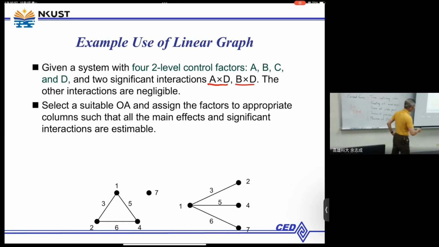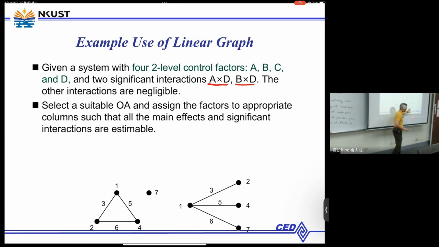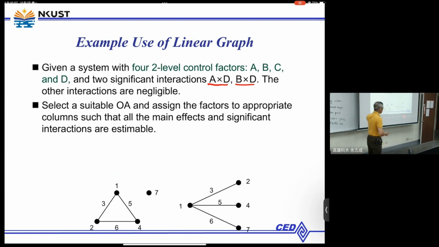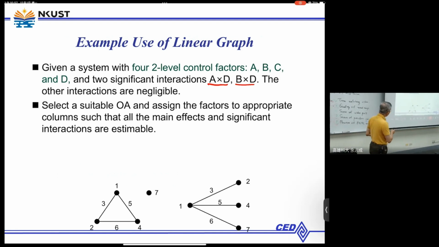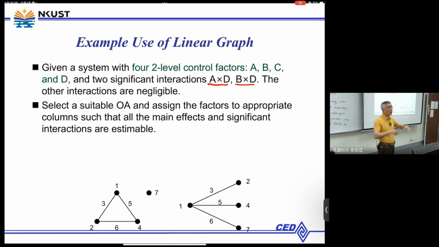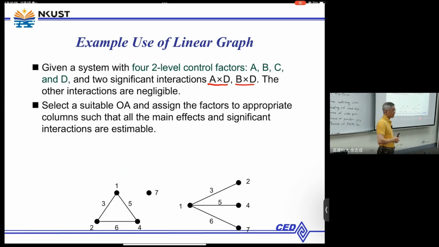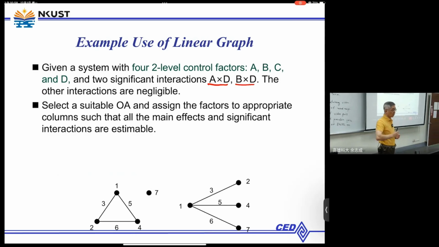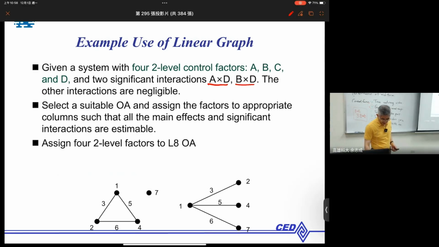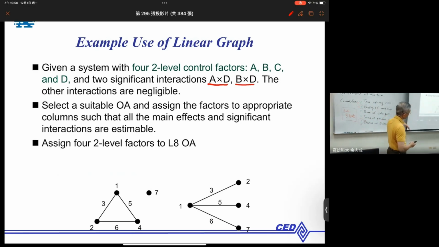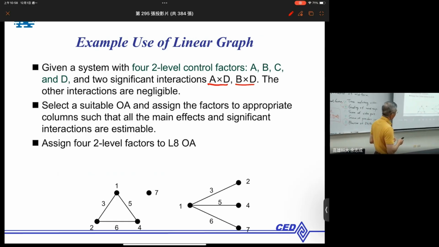First, you need to select a suitable orthogonal array. As I mentioned, orthogonal arrays can be 2 level, 3 level, or mixed level. This is 2 level, so we need to select a 2 level orthogonal array. Since this is an easy example, we tried that before, so we know that we can assign this to L8. Now, how to assign?